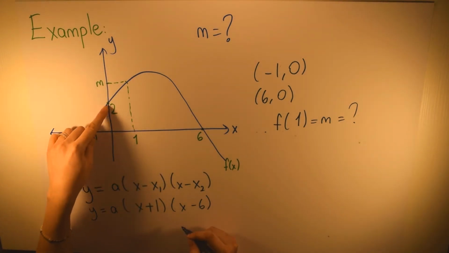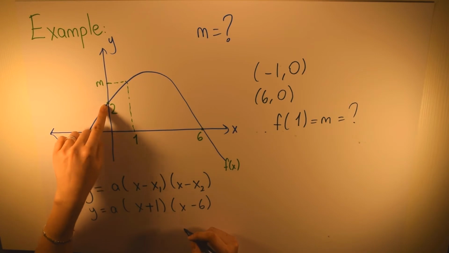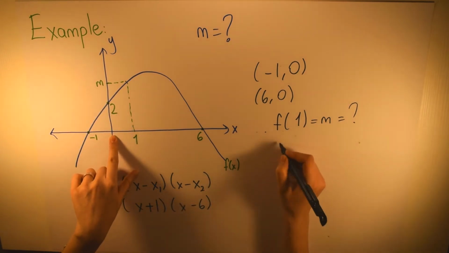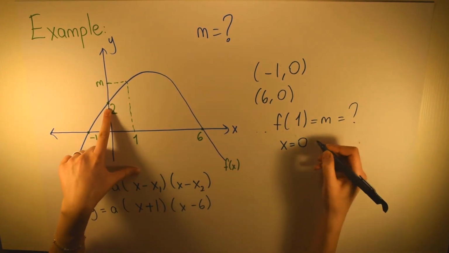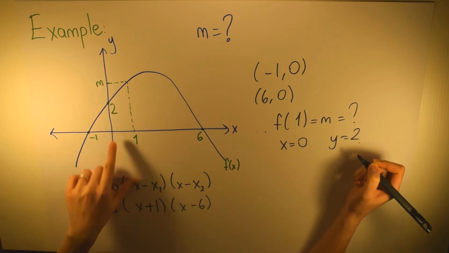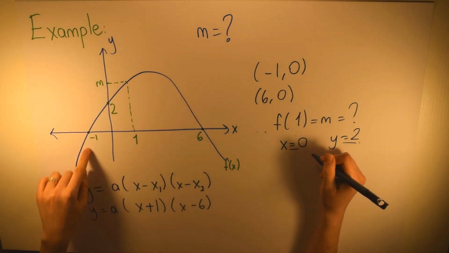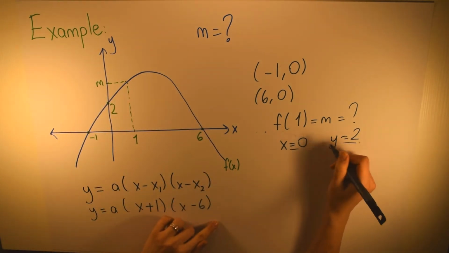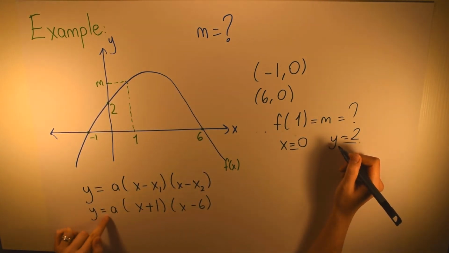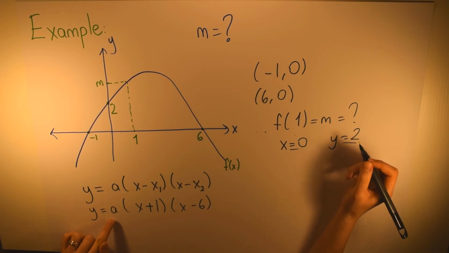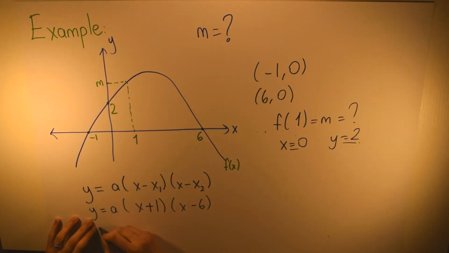Again we will use our constant term here, which is when x is equal to 0, y is equal to 2, right? So I can use this because these points are on our parabola, which means if I put this value here, it has to give us the right value of a. So let's do that. 2 is equal to a times, x is 0, so it's 1 times minus 6, right?